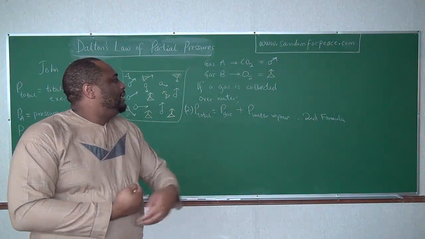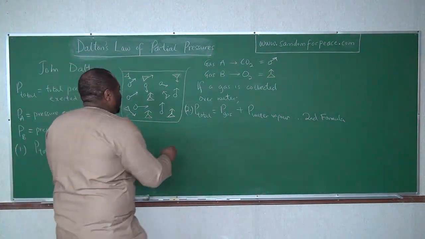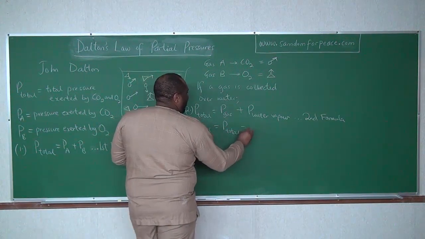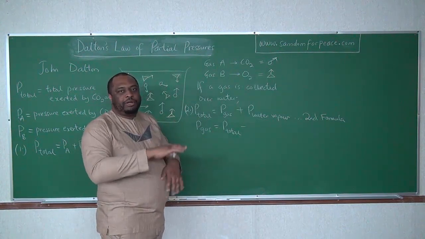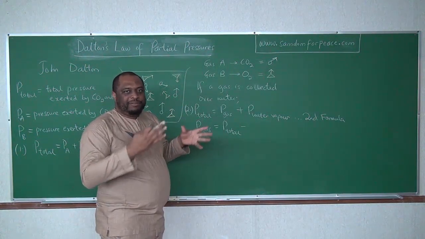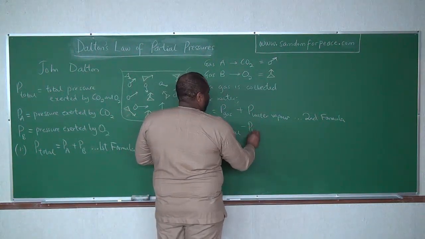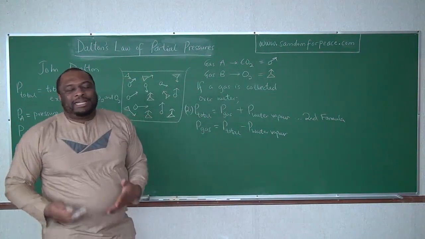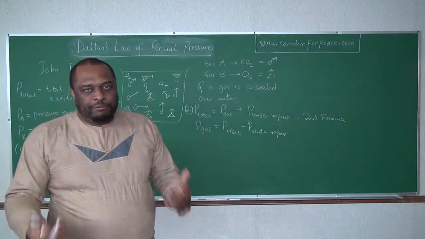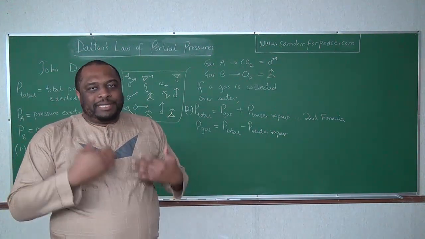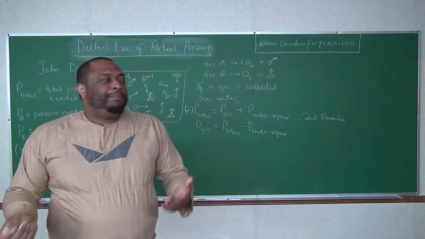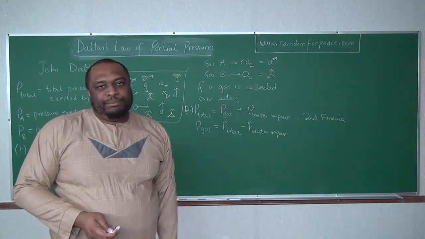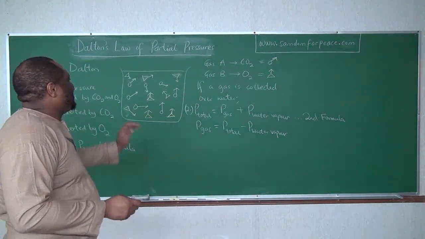So in that case, if you want to find the pressure of the dry gas, the pressure of the dry gas will be the total pressure, the mixture of the gas and the water vapor, minus the saturated vapor pressure. Okay, SVP. In Nigeria they will say SVP, saturated vapor pressure of water. That is the pressure of the water vapor at that particular temperature. So that's the second formula.